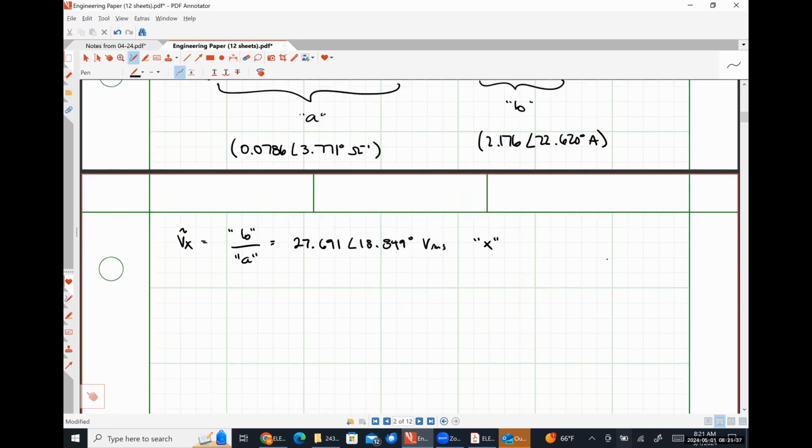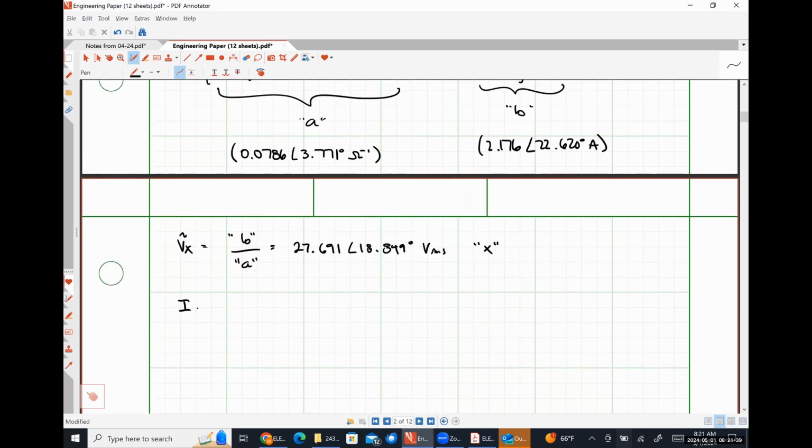And now I can say that I independent is just my source voltage, 100 over root 2, angle 0 degrees, volts RMS, minus Vx divided by 30 minus J 12.5 ohms.